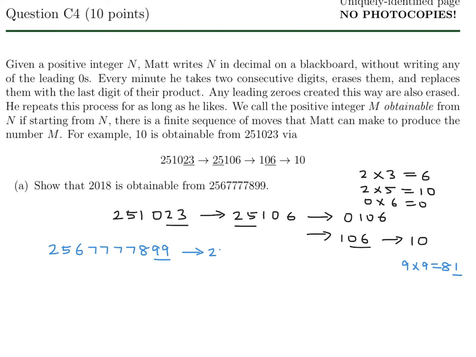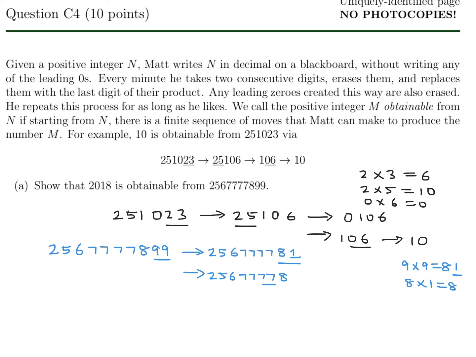So this becomes 2, 5, 6, 7, 7, 7, 7, 8, but then you now just put the 1 there. Okay. Now let's do the same thing with those two. So 8 times 1 is 8, the units digit is 8. So this becomes 2, 5, 6, 7, 7, 7, 7, 8.